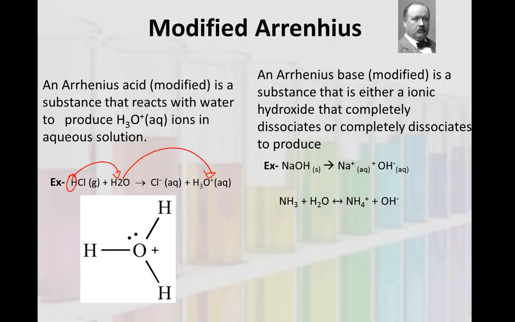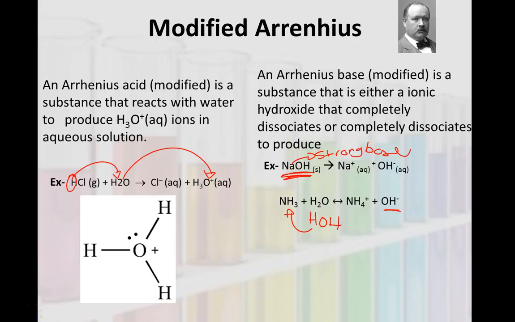And then I have my corresponding anion there. If something is basic, I either have ionic hydroxides, which are strong bases, or we can have other weak bases that react with water to produce hydroxide. So what's happening here is the hydrogen would add on to ammonia. I end up with hydroxide and get the ammonium ion.